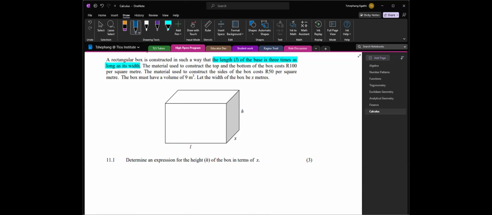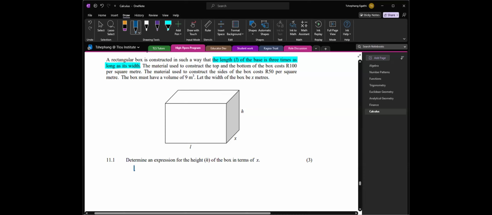Now, I know that the length is going to be equal to 3x. Then the volume is equal to length times breadth times height.